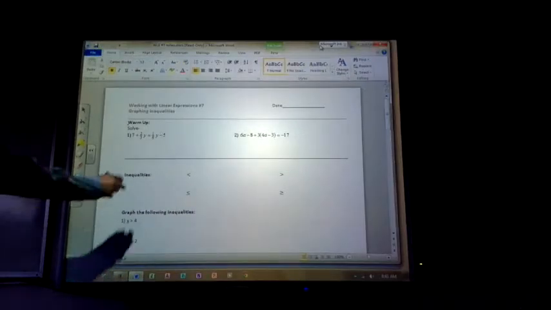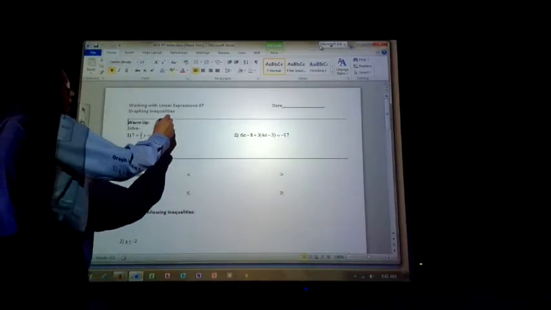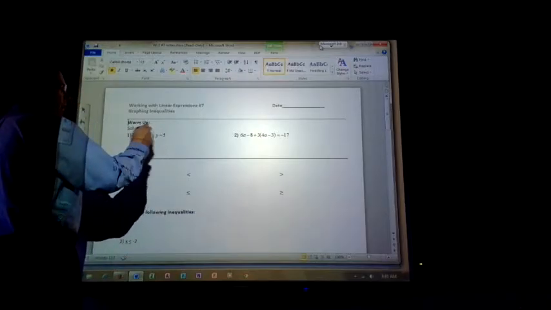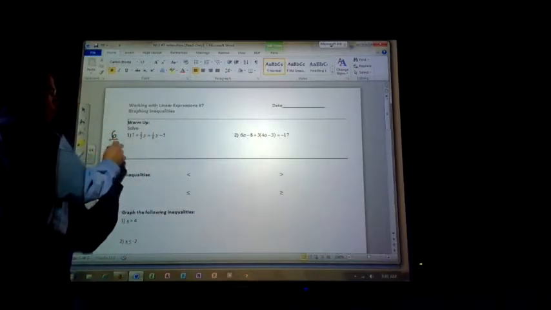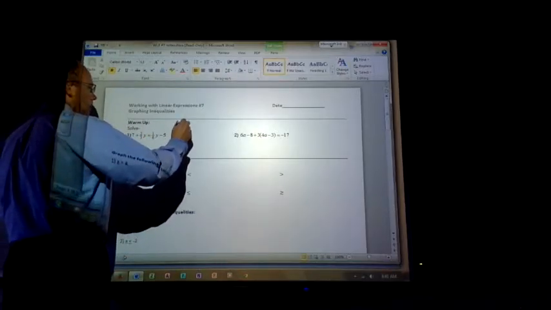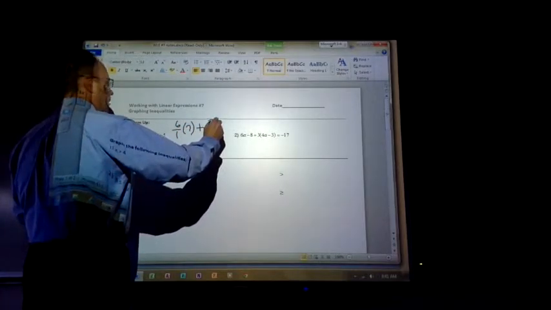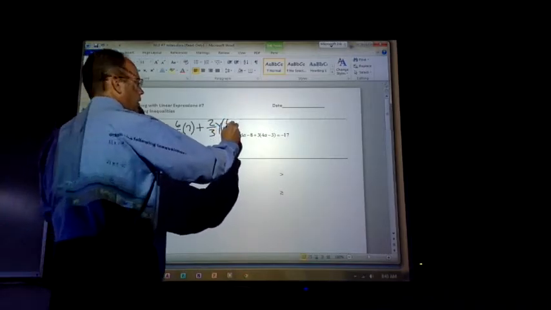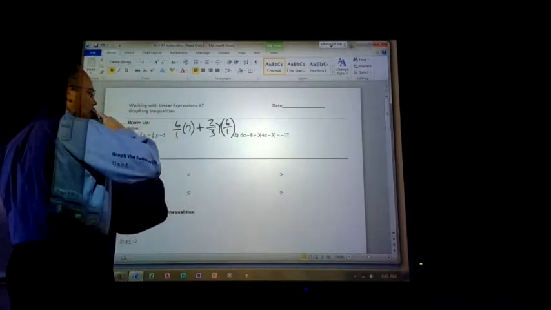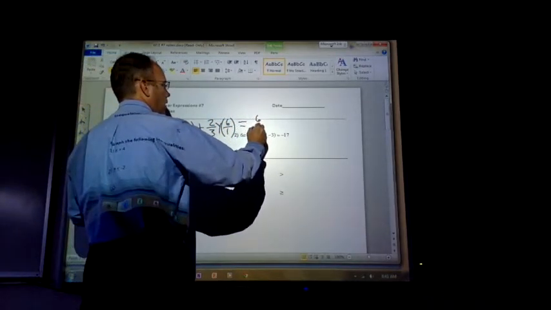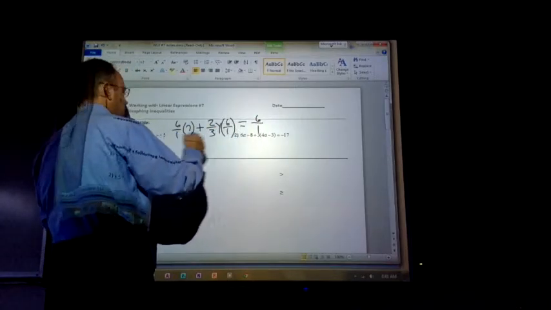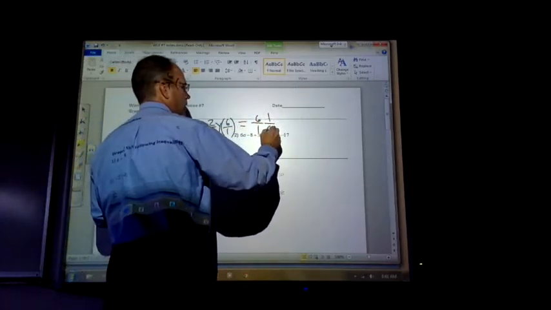There we go. So I'm going to take that. I'm going to multiply everything by 6 over 1. So I have 6 over 1 times 7 plus 2 over 3 y, times 6 over 1, equals 6 over 1 times 1/6 y.